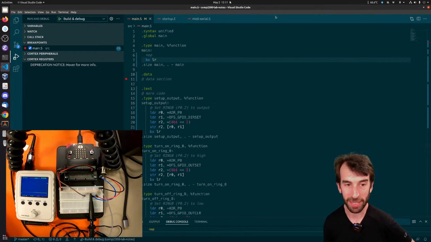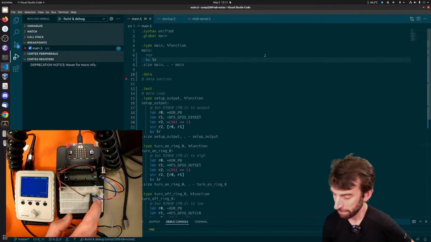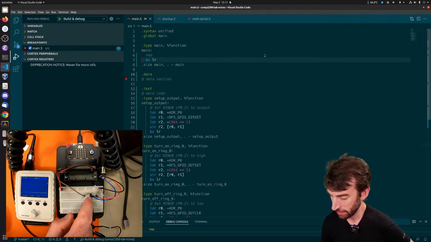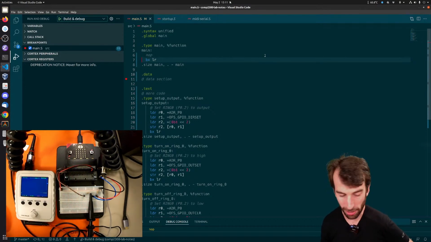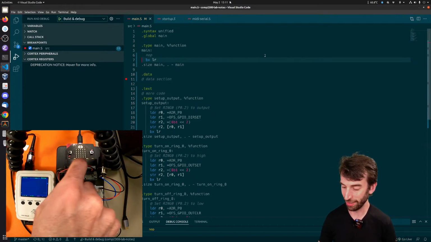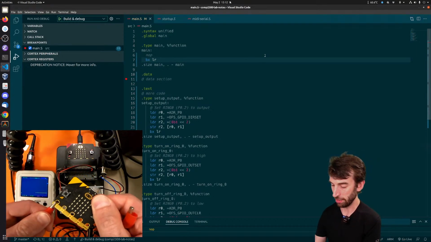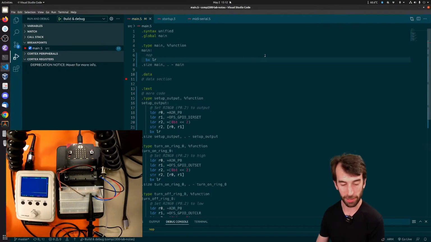I'll close my screen. It's connected with this thing that's connected to the oscilloscope. That's connecting to ring 0. I've got this little docking thing here, which is just a convenient way of holding my microbit, but it's exactly the same as clipping a wire onto ring 0, like that. There's no difference there.